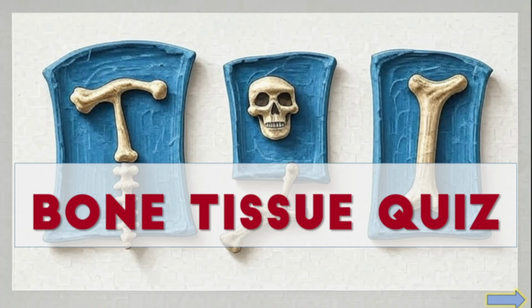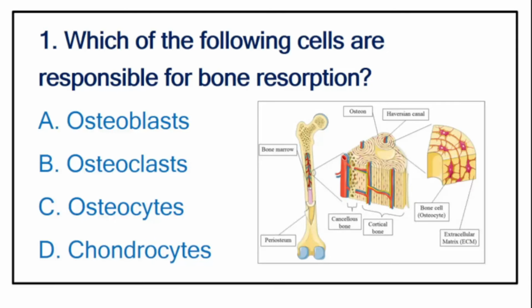First question. Which of the cells are responsible for bone resorption? Osteoblasts, osteoclasts, osteocytes, chondrocytes. Correct answer is osteoclasts.